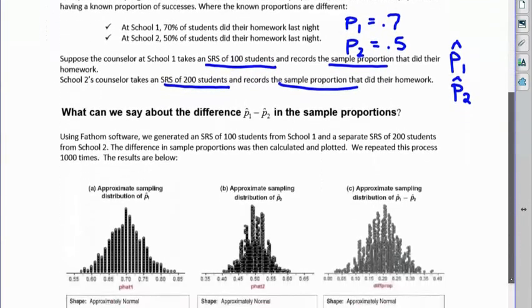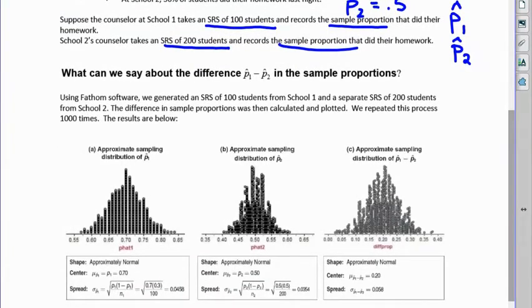And then what could we say about the difference of these sample statistics? Well, we use our Fathom software, which generates first of all the approximate sampling distribution of the p-hat for proportion 1. We expect it to be centered at p sub 1, so that's why this graph is centered at p sub 1 equals 0.7. And group 2 is going to be centered at its population value of 0.5.